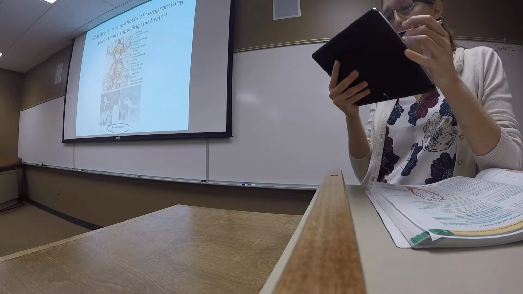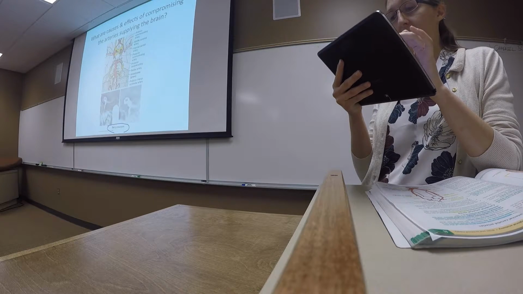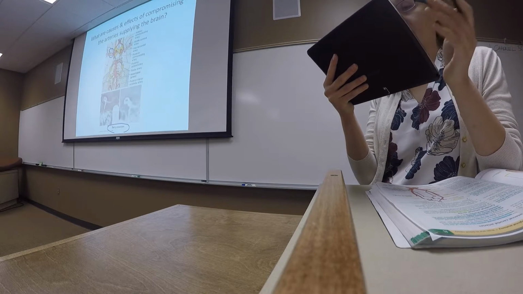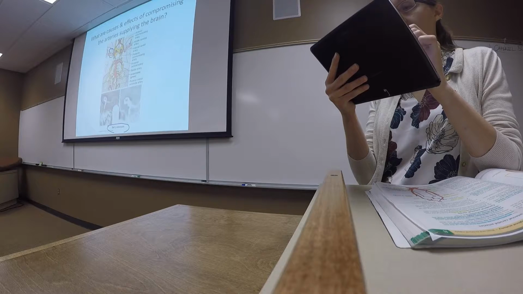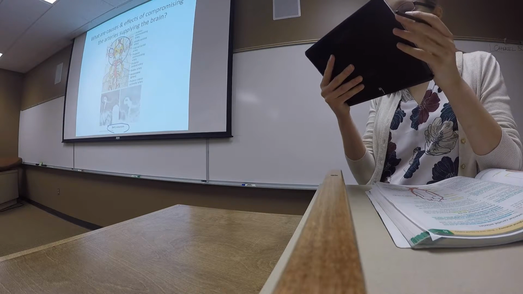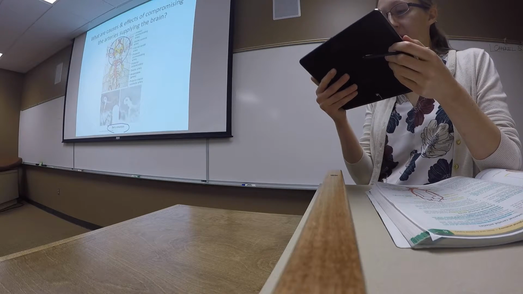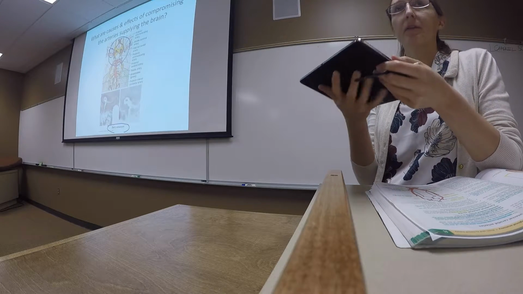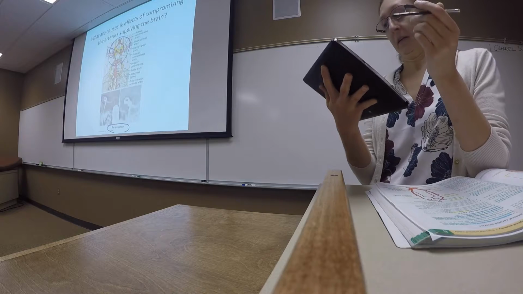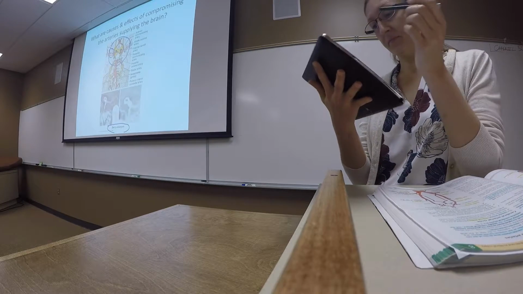And those can often come up on these vessels in and around the cerebral arterial circle. And again, unless they rupture, they're not a problem, but if they rupture, then we've got hemorrhaging in the brain.